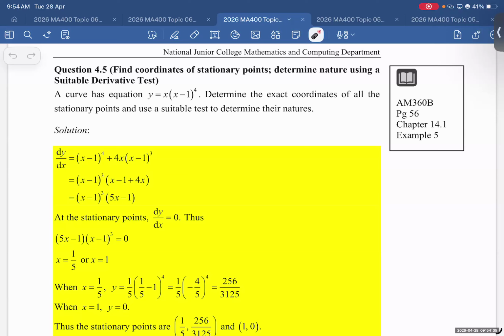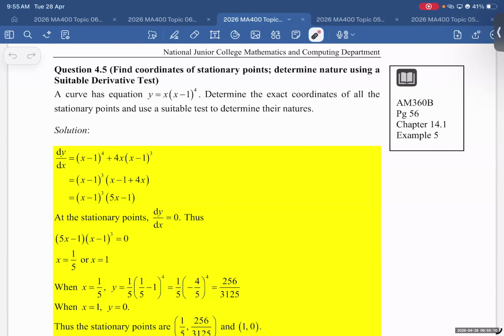So I know that it adds up to 100, right? So 2x plus 2y is equal to 100, which means y equals 50 minus x. Let's call this equation 1, and the area equation, equation 2. Now if I substitute 1 into 2, my area is (50 minus x) times x, which is 50x minus x squared.